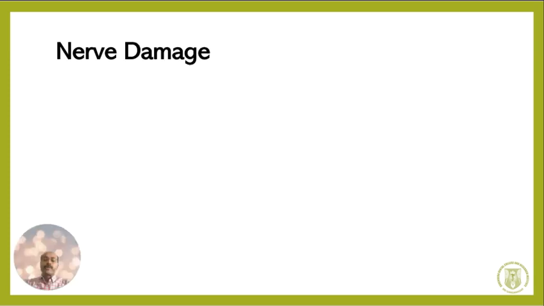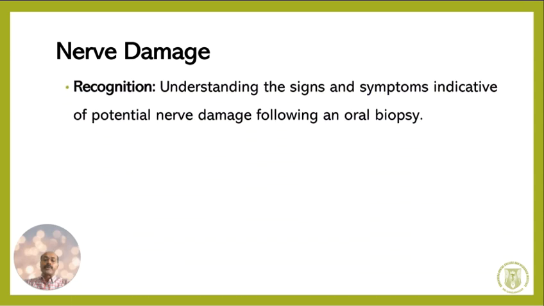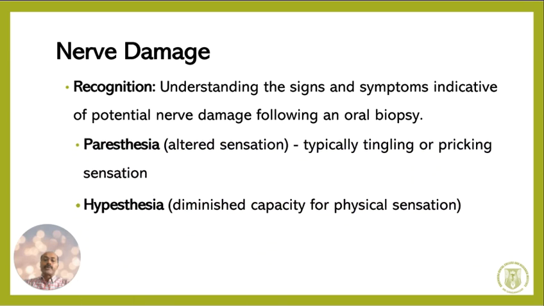Next, we'll understand about nerve damage. The first and foremost important thing is the recognition of nerve damage. So we'll have to understand the signs and symptoms indicative of potential nerve damage following an oral biopsy. Next, paresthesia is one of the important features you can identify.